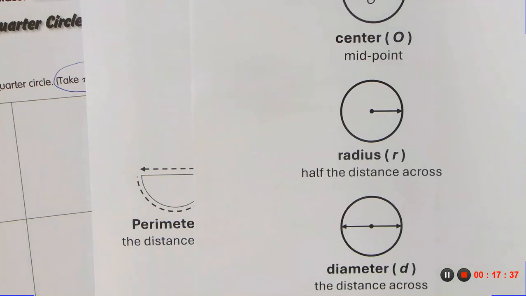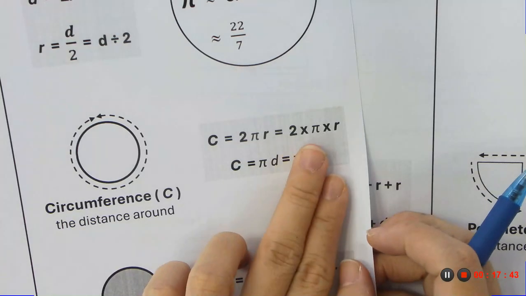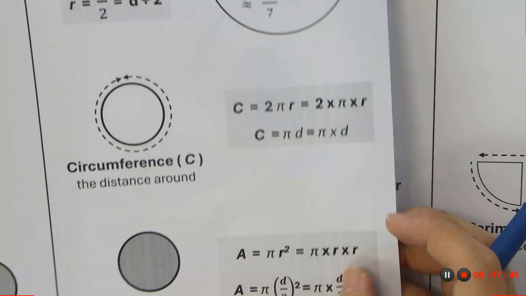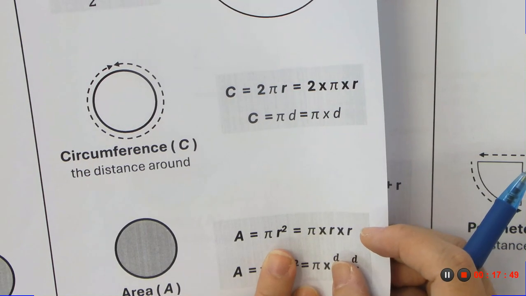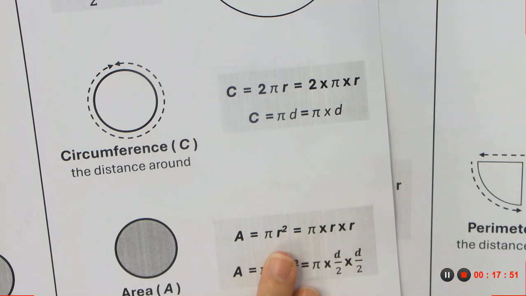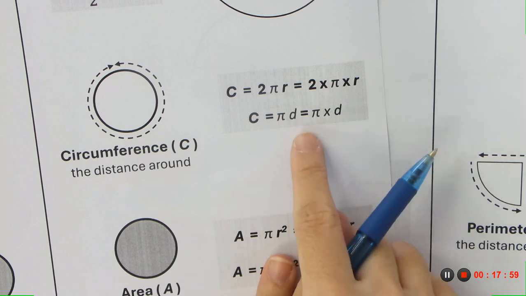Look here. See, the circumference formula is 2 pi r. The area formula is pi r squared. Wait, can you pay attention to me first? Look up. This is an important point. I want you to take notice of this.